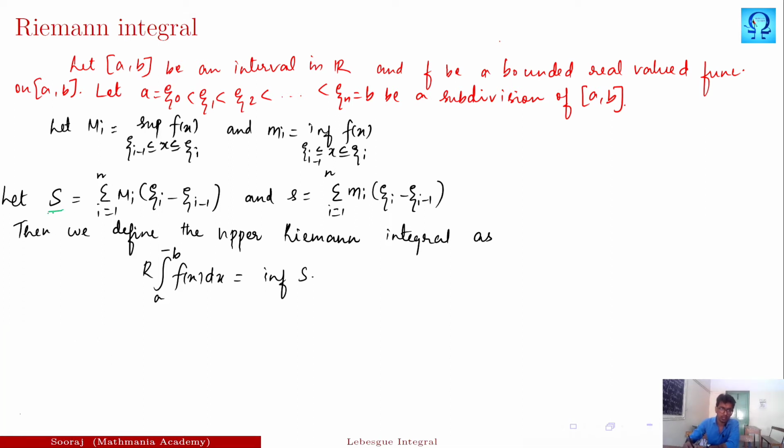This quantity is called the upper Riemann sum, and this quantity, small s, is called the lower Riemann sum.